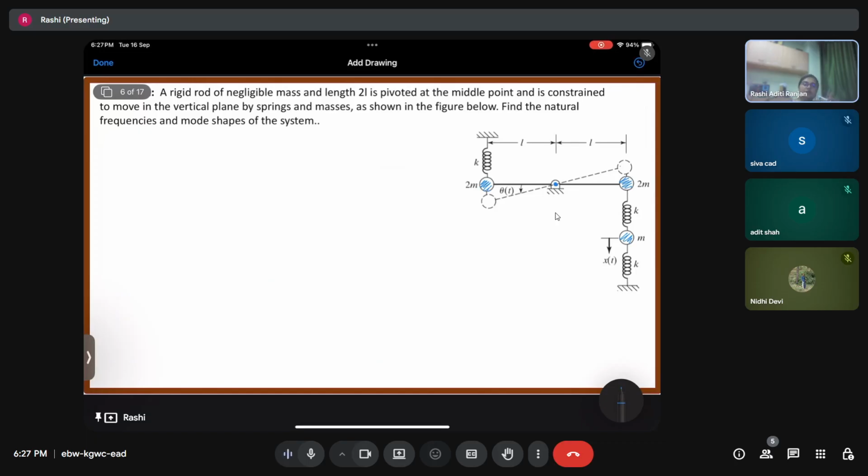But what is interesting over here is that the two masses 2m and 2m are actually connected to each other by a rigid rod, which is specifically mentioned. If it would have been an extensible rod, we would have had 3 degrees of freedom. But here we have a rigid rod, which means that no matter what the displacement, theta is going to be small only, but these 2m and 2m are always going to have the same amount of displacement.